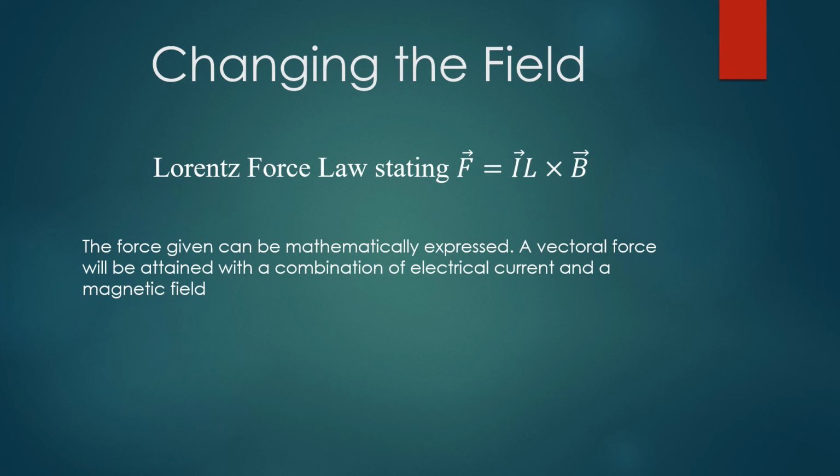A vectoral force will be attained with a combination of electrical current flow and a magnetic field along some conductor. This can be useful when working with precision on a hard drive disk reader to be able to manipulate the binary coding on the disk in order to store information properly. And the more precise that we can make the magnetic field, the more accurate and more information that we will be able to store.